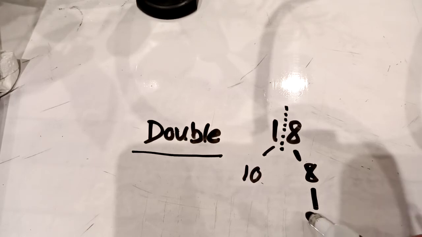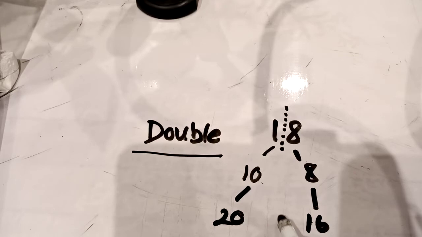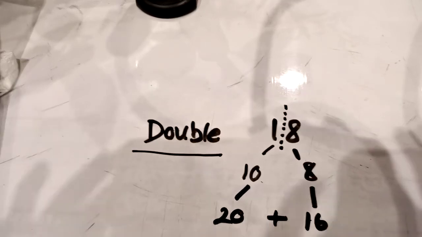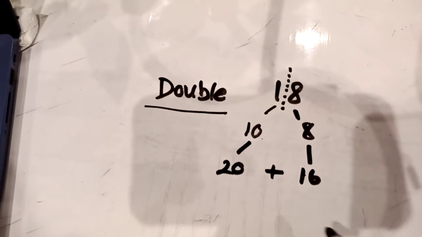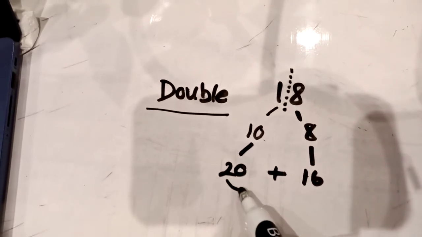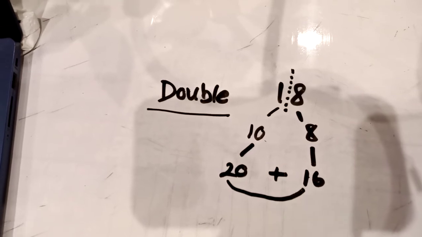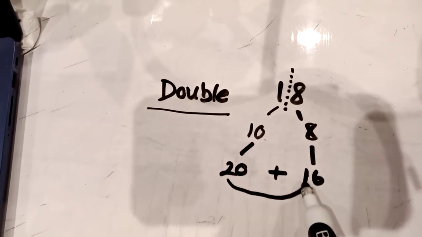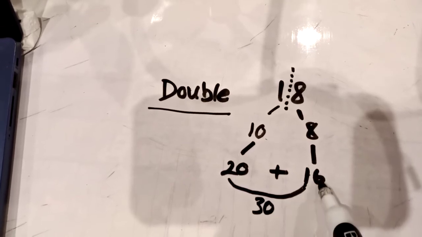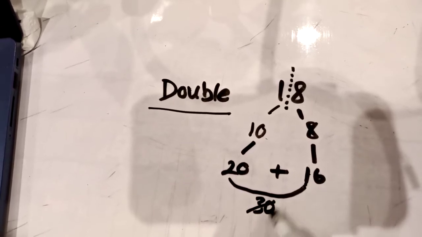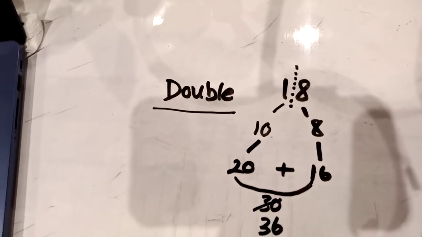Double 8 is 16. What is double 10? Double 10 is 20. And then we need to add them together. Now for this, it's a little bit tricky, but you're on Clic 9, so you're ready for it. What's 20 add that 10? 20 add that 10 makes 30. And don't forget the 6. So it's 36. Okay, so well done, we've doubled it.